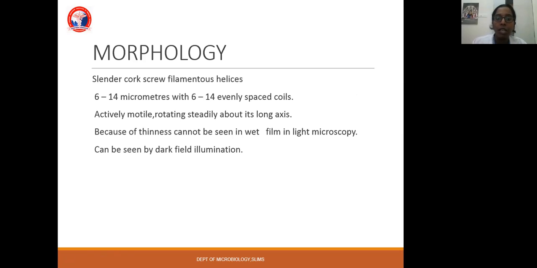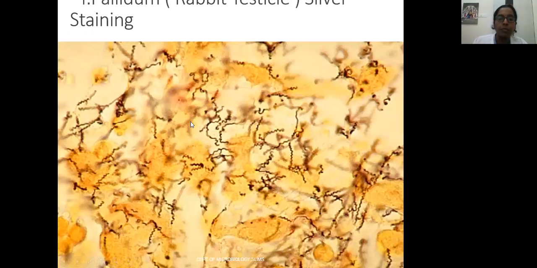Because of this very thin structure, we cannot see them with a wet film, so we have to look only through the dark field microscope. We can stain using the silver impregnation technique, Fontana staining, where you can see the very thin coils.